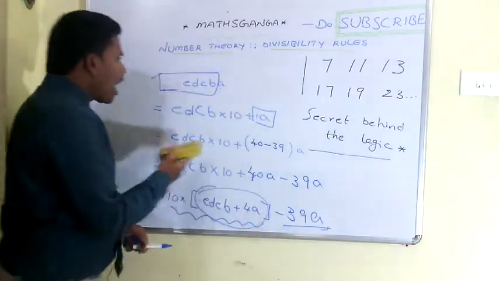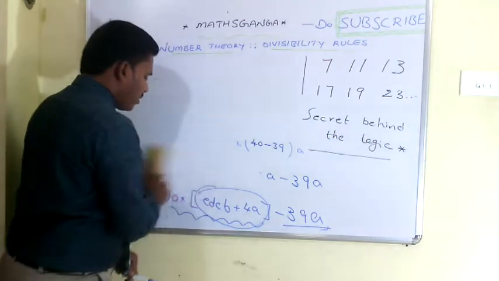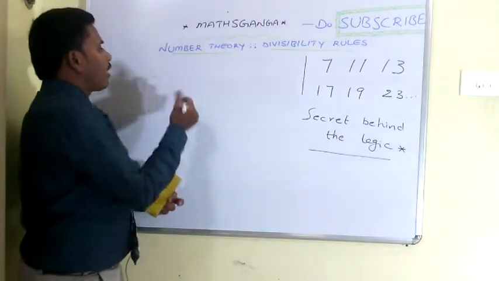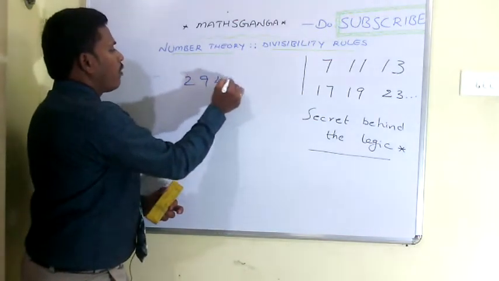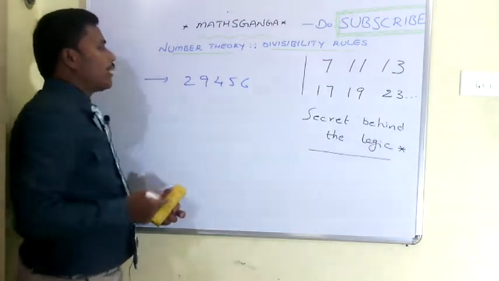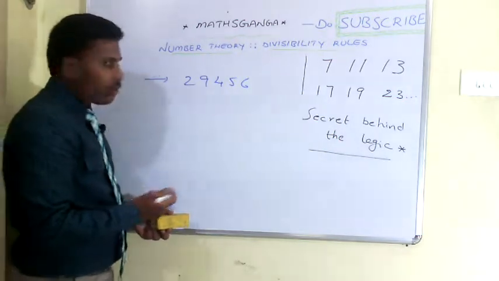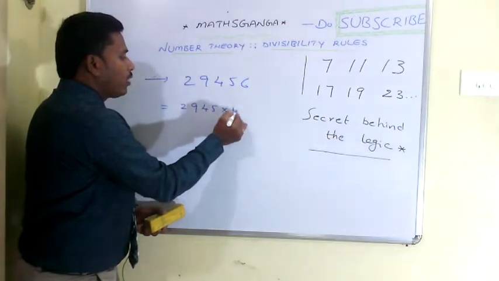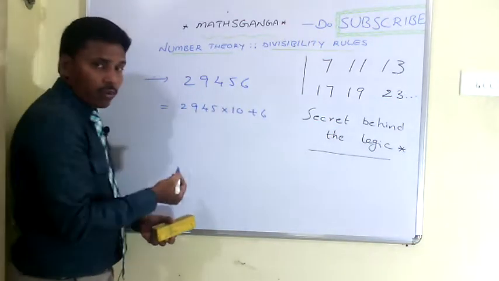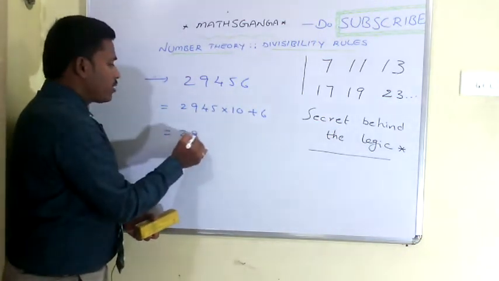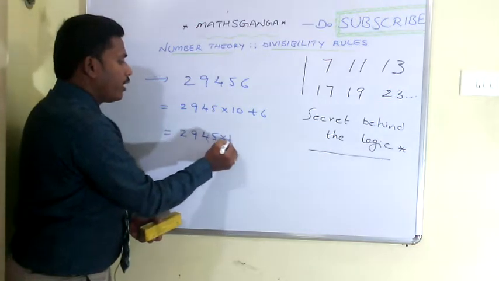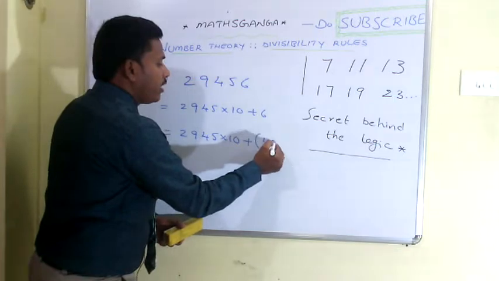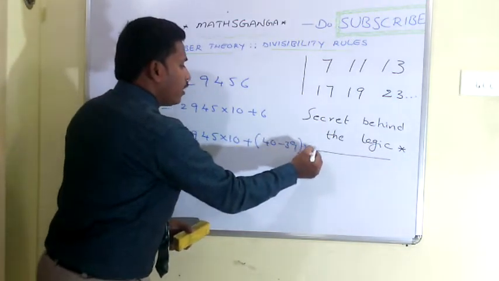Okay, see, if you feel any difficulty with these digits like E, D, C, B, A, say you have a number like 29456, and we need to check whether it is a 13 multiple or not. What can we do? 2945 times 10 plus 6, whether it is right or wrong? Right. Okay, the next one is 2945 times 10 plus, I am writing this 6 as 40 minus 39 times 6.